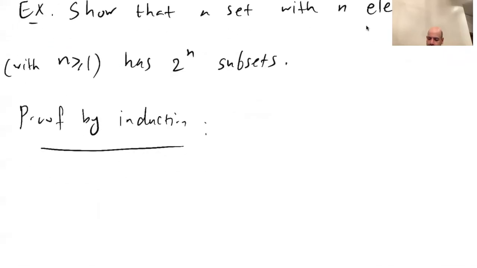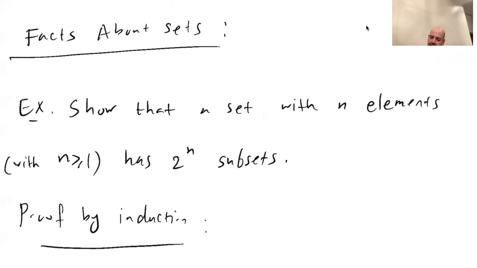So n equals 1. It's very easy to verify. Basic step. N equals 1. A set with one element, because we want to show that a set with n elements has 2 to the power n subsets.